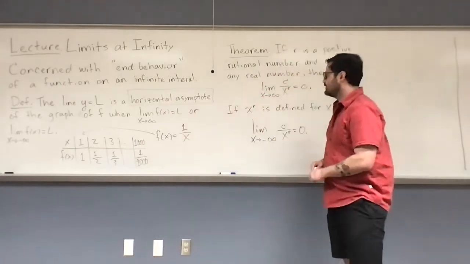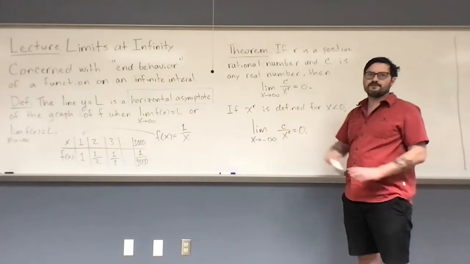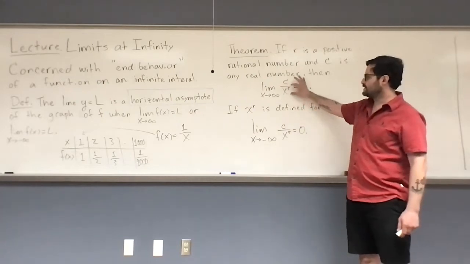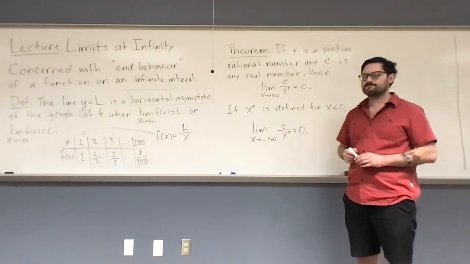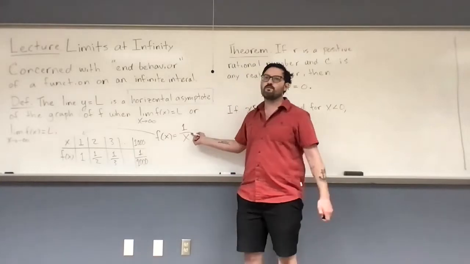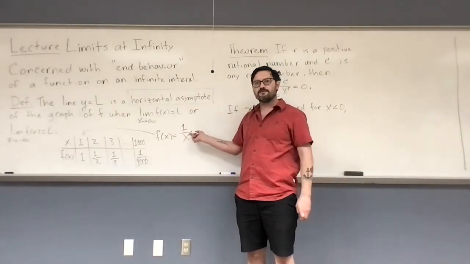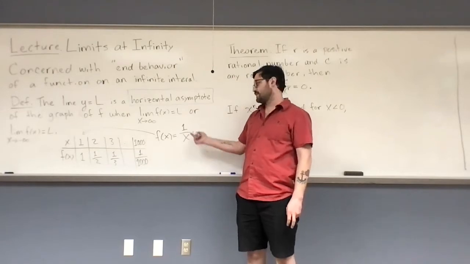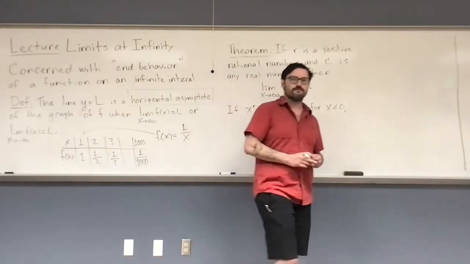The same thing holds for a c. At some point, the bottom is going to be larger than that c. By the way, r in this case is 1. 1 is a rational number, so the power of x here is 1. But it could be a half, it wouldn't matter. Eventually, this thing is getting arbitrarily close to 0.